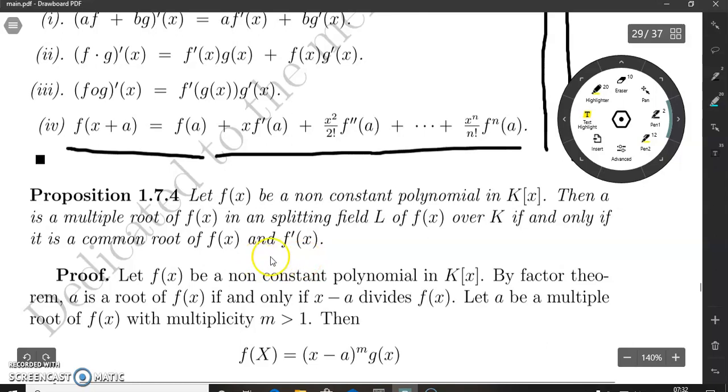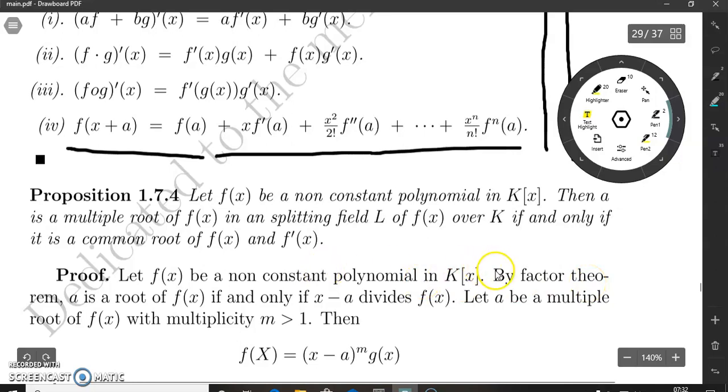First we assume that a is a multiple root, then we prove that a is a common root of f(x) and f'(x). Then we assume a is a common root of f(x) and f'(x), and we will prove that a is a multiple root. So first we suppose that f(x) is a non-constant polynomial in K[x]. Now we use the factor theorem.